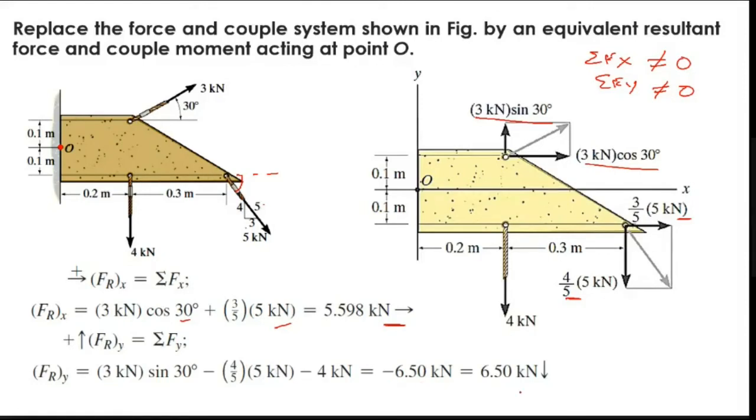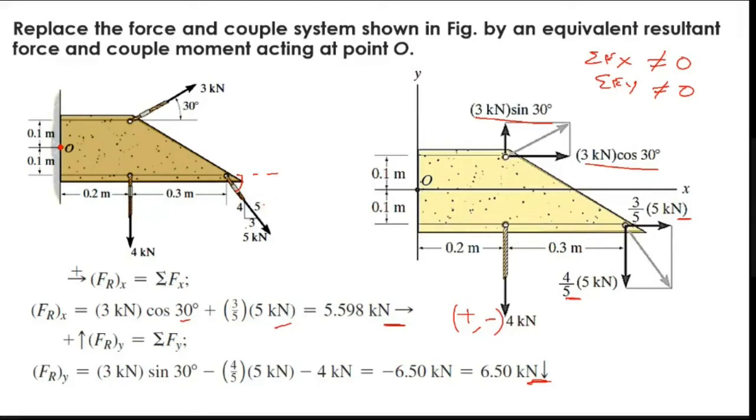So you get a negative value, which is the downward direction. Now you can identify the location of my resultant: x is positive, y is negative. Which quadrant is this? Positive and negative, so it is in the fourth quadrant. So my resultant force is in the fourth quadrant.